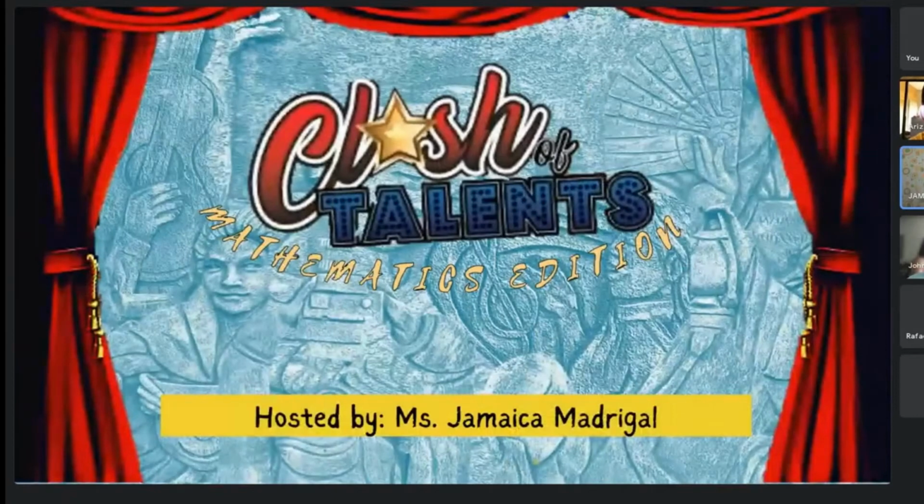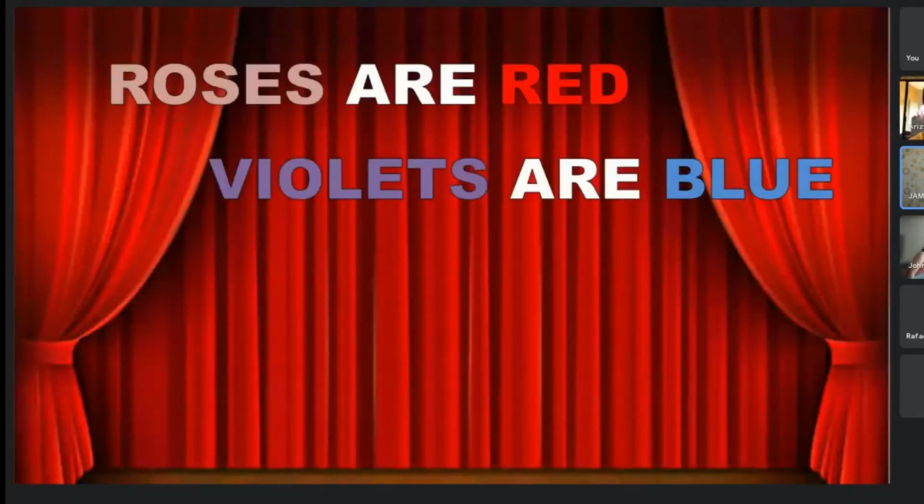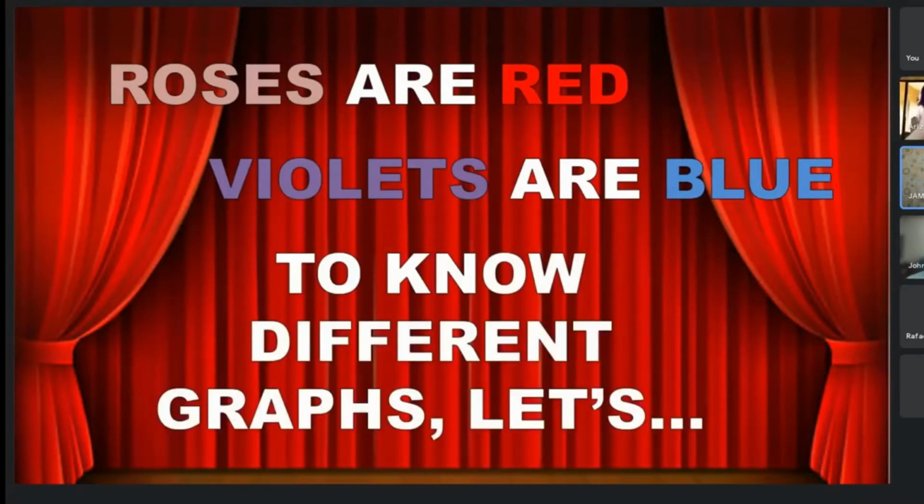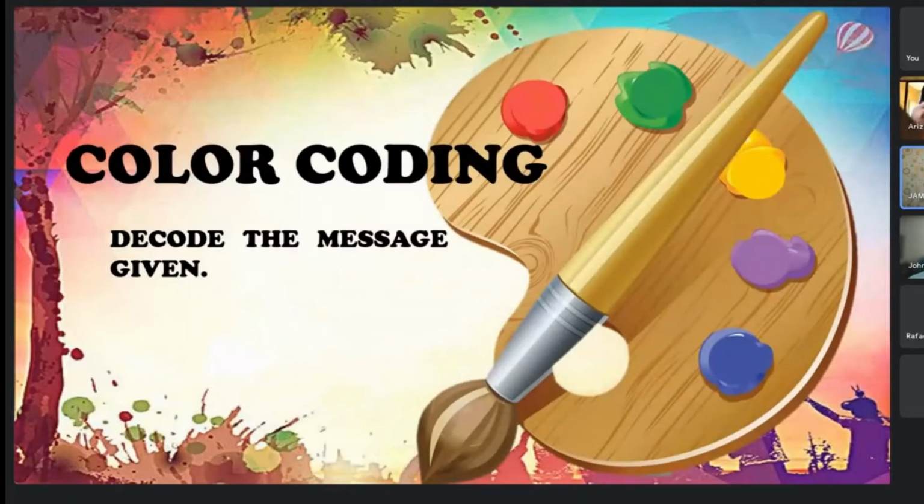So now let's have your third clash of talents for today. Roses are red, violets are blue. To identify or to know different graph, let's do color coding. So you are going to decode the message given in each color. Okay?